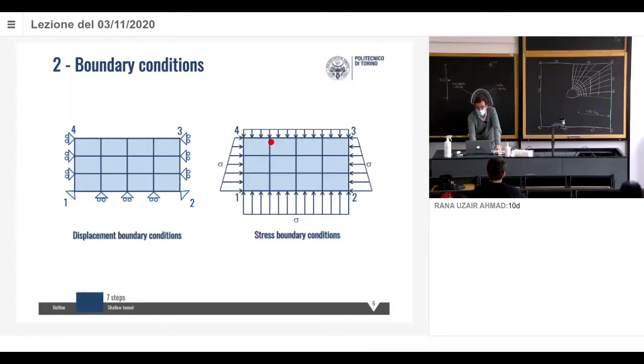Instead of, can we apply distributed load in our finite element equations? We have to apply to the nodes. So that is not going to be a stress, but it's going to be a force. So from these distributed load, we have to compute the forces at these nodes here. So we like to draw it like that because we understand it like that.